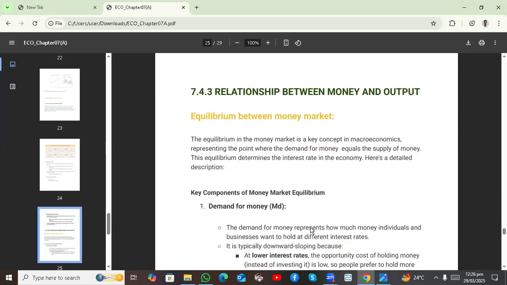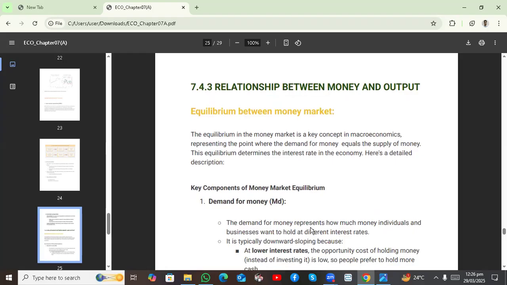And now we see the relationship between money and output. At equilibrium in the money market, money supply and interest rates have an inverse relationship.